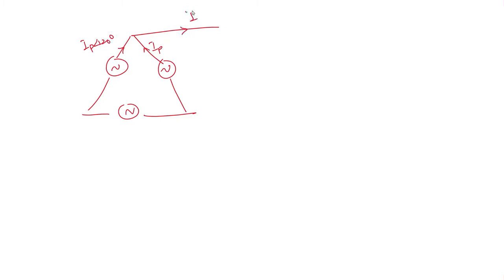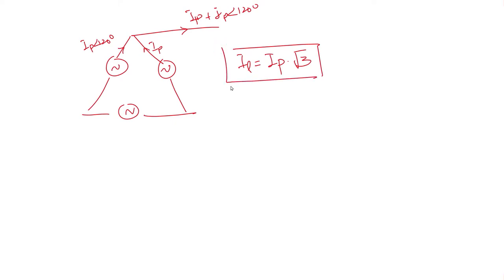So this will be IP plus IP at angle 120 degrees, which gives IL equal to IP into root 3. Whereas here it is VP and here it is VL, so VP is equal to VL.